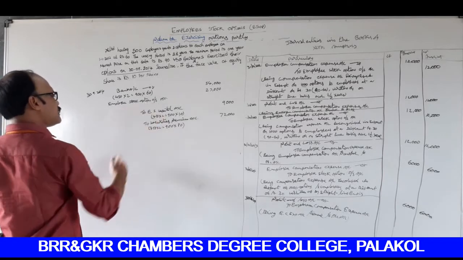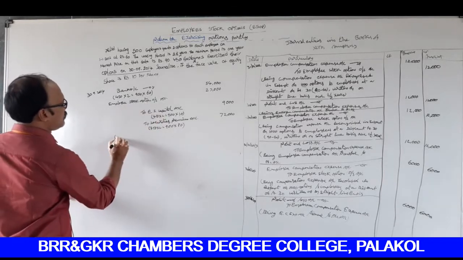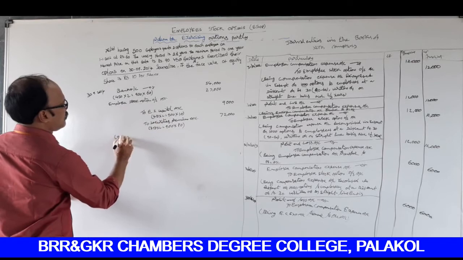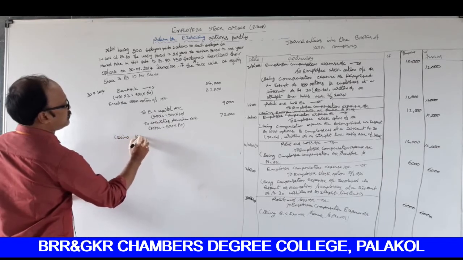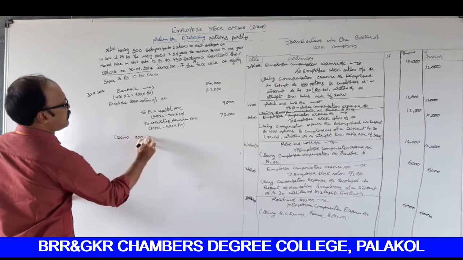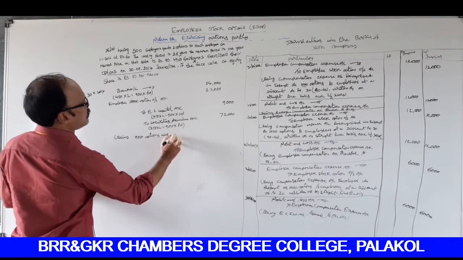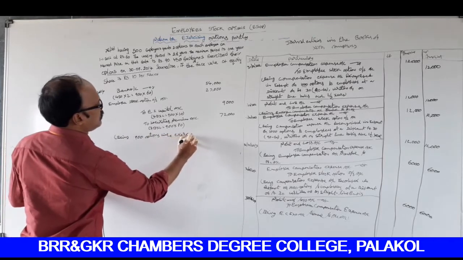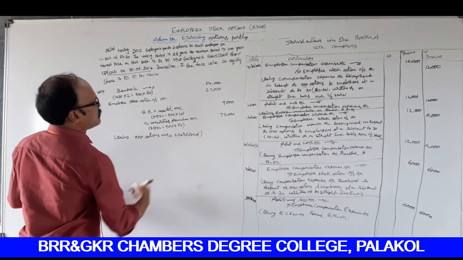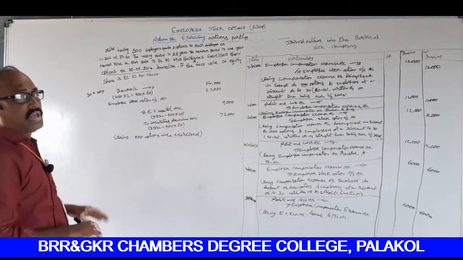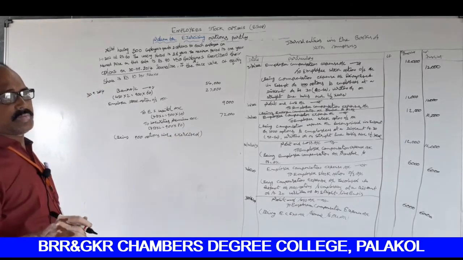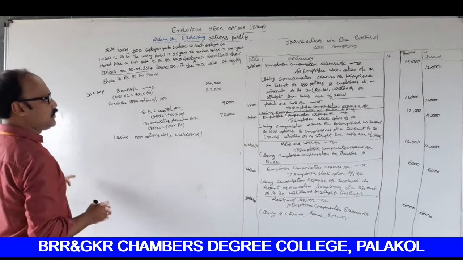Being 900 options were exercised. Okay, there are 50 options remaining, the remaining 50 employees, 50 into 2.